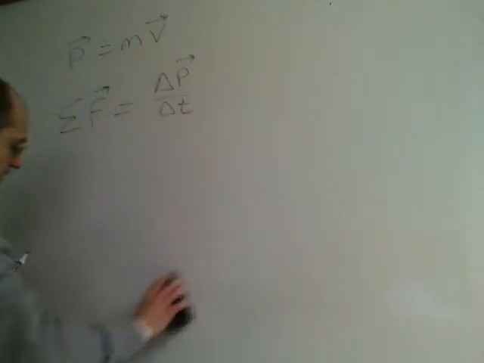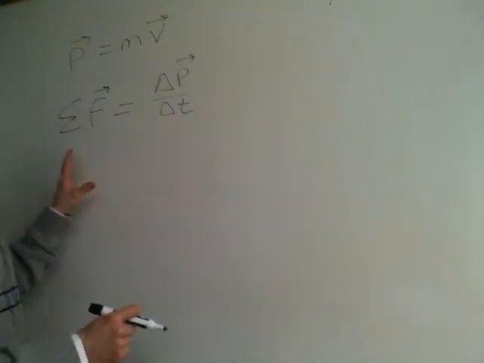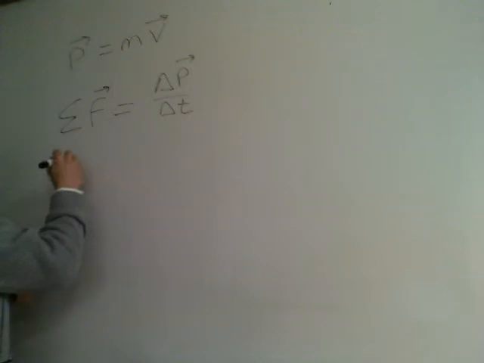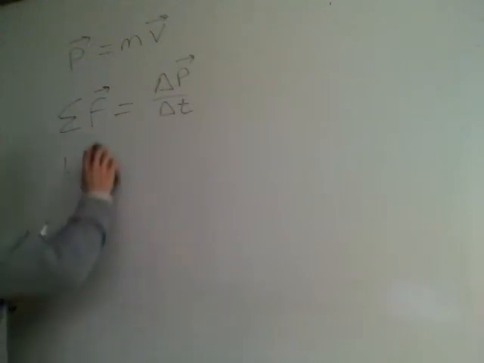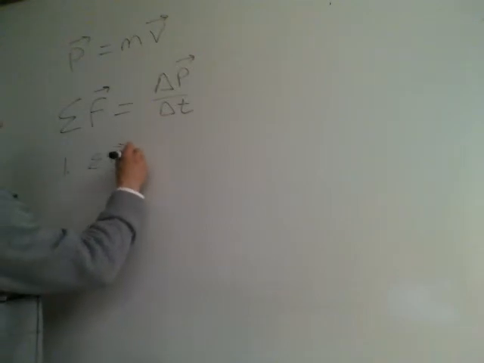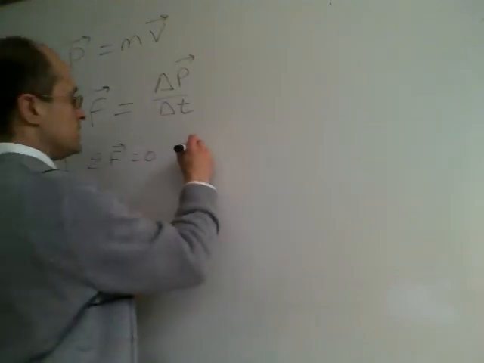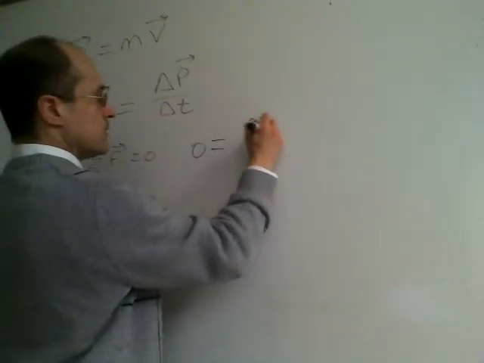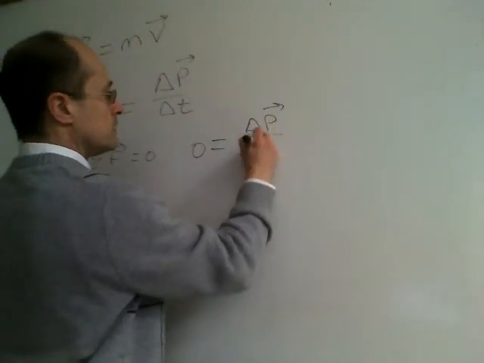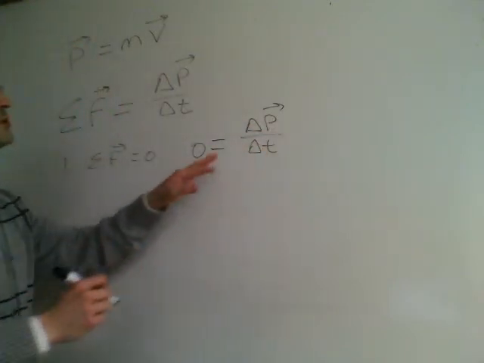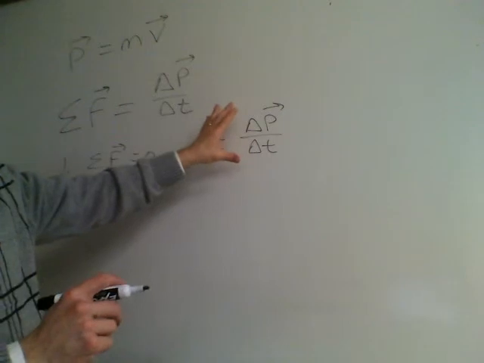We can think of two different cases. The first condition is if the sum of your forces is 0. That means 0 equals delta p over delta t, which means you don't change your momentum in time.